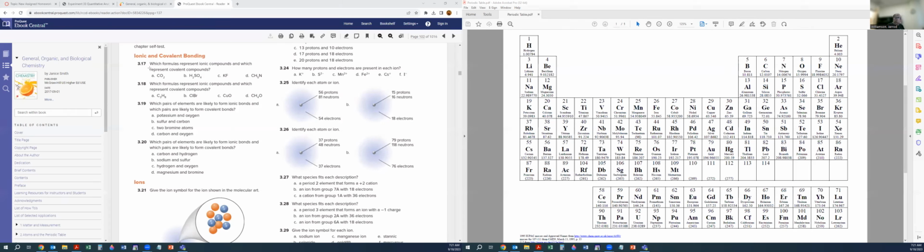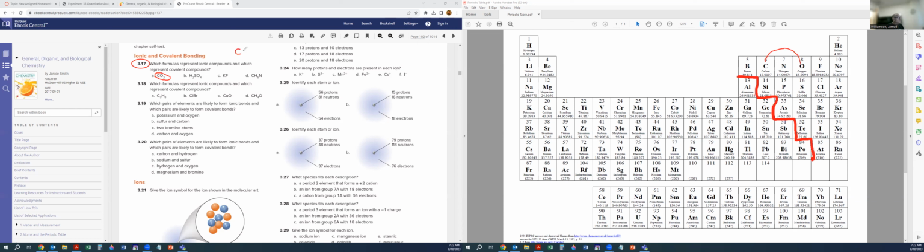17, for example. It says, which formulas represent ionic compounds and which represent covalent compounds? Well, when we go over to the periodic table and we look at the heavy stair-step line that separates the metals from the non-metals, and we look at CO2, we see that that is carbon connected with oxygen.